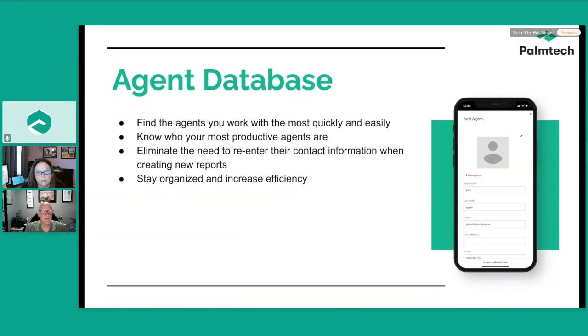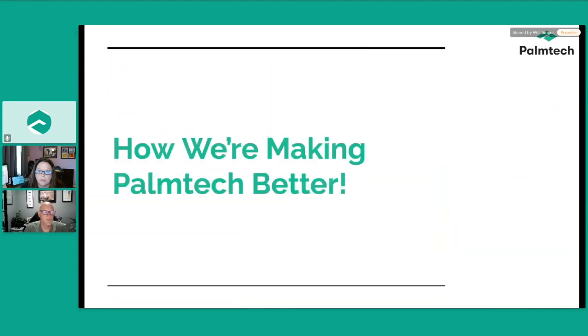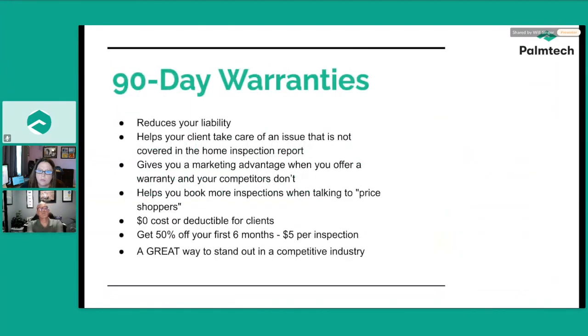All right. Well, I'm going to go ahead and just talk a little bit about what we're doing now to make Palmtech better. One of the things I'm really excited about is the ability for you to offer a 90-day warranty on your inspection.